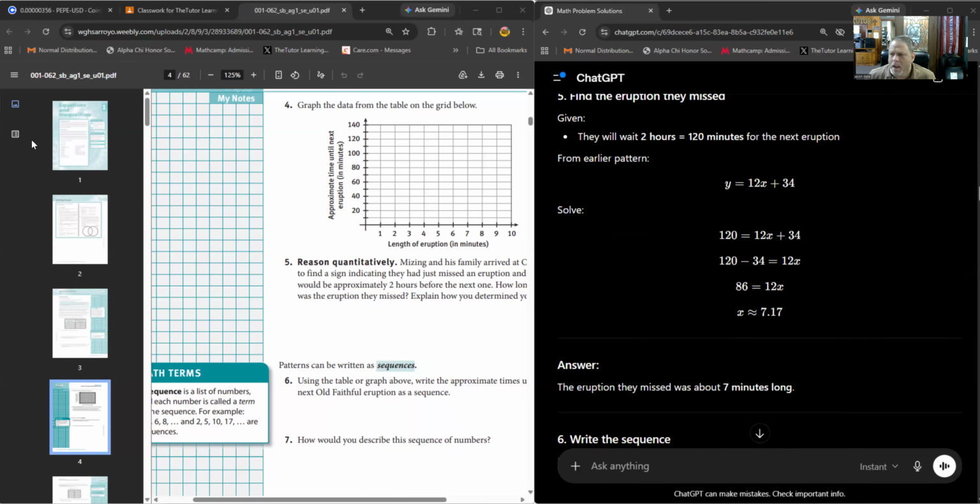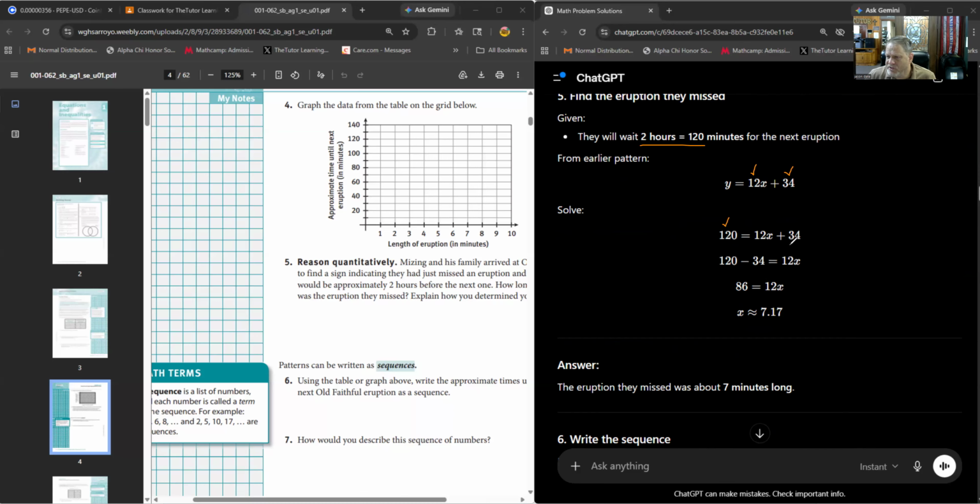All right. So now does everybody understand that was our 12-minute wait? This was our 34 that we got from our y equals mx plus b, right? This was our minutes that we converted 2 hours into 120, right?